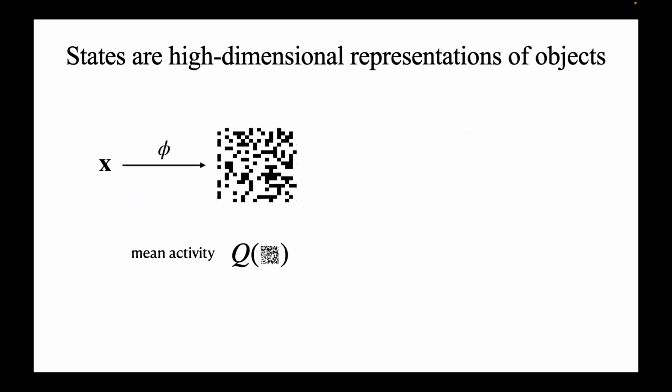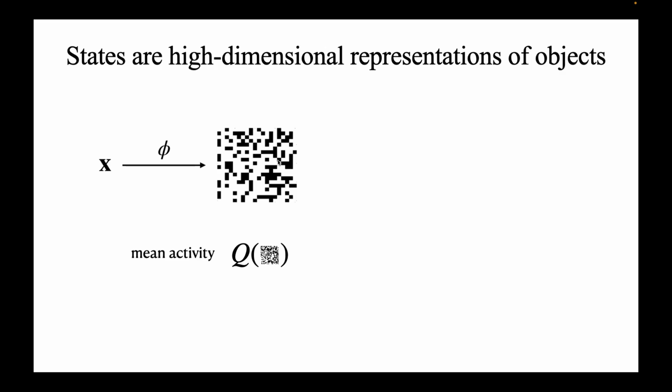The first thing we would like to have, and this is quite usual, is the presentation of an object. This presentation is high dimensional, and this is called a state. You can say this is a kind of visual field, a quadratic grid, and each field there is either active and white, or inactive and black.